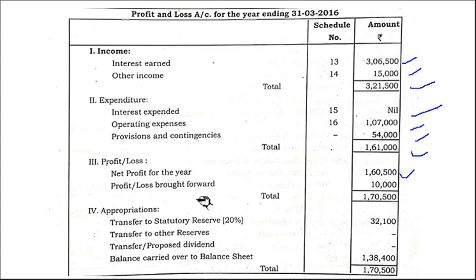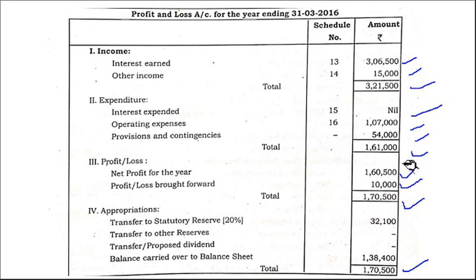Then last year's profit. Profit or loss brought forward. It is given in the trial balance. It is given in the problem. 10,000. So total we have 1,70,500. Now we have to show how we have distributed this. So what did we do? Appropriation. Transfer to reserve fund. Statutory reserve 20%.